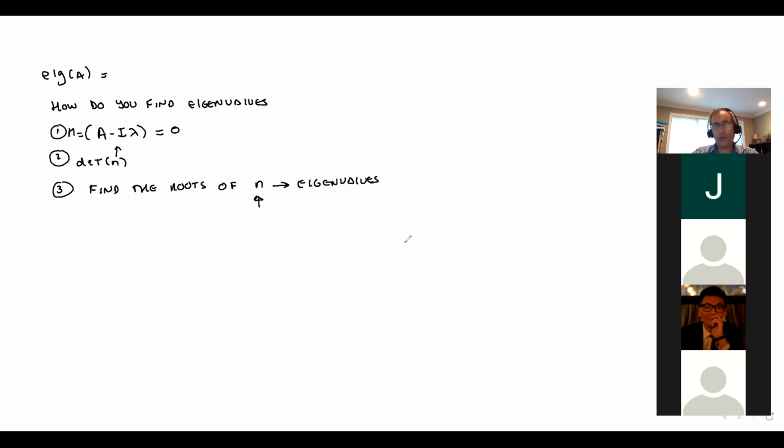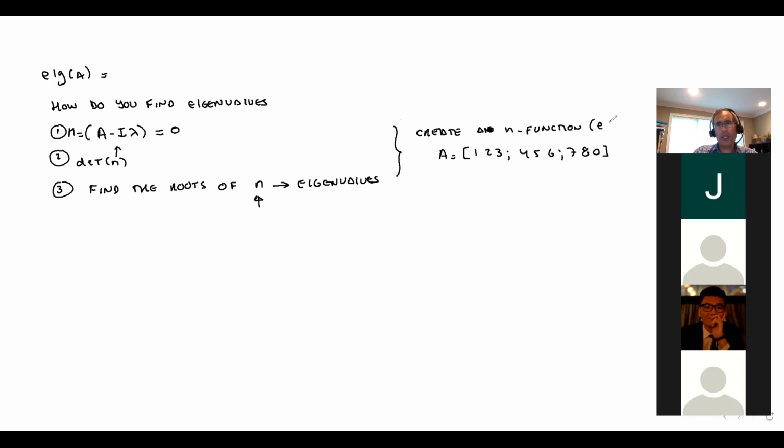Okay, so what I want from you guys is to create an M function. Inside the M function, you just do this matrix: 1, 2, 3, 4, 5, 6, 7, 8, 0. Okay, so create this matrix inside of your eigenvalue function.